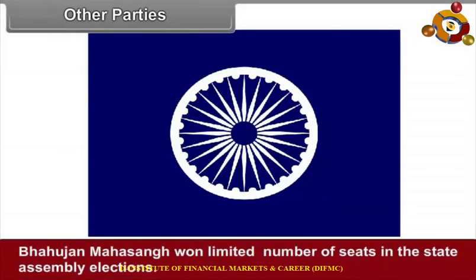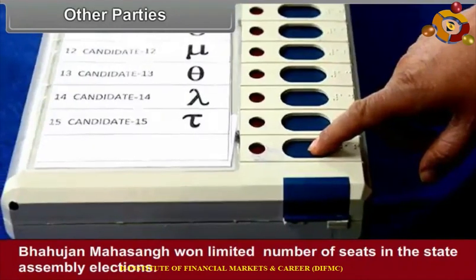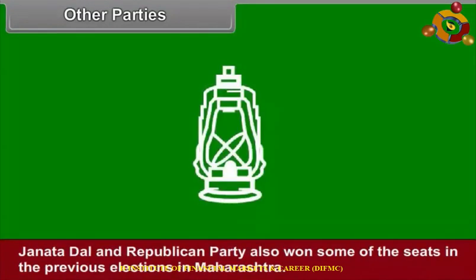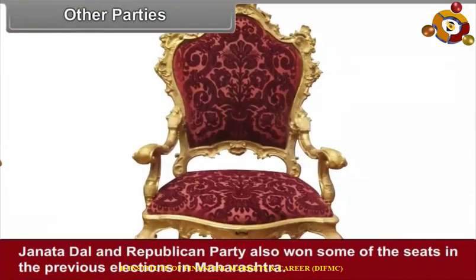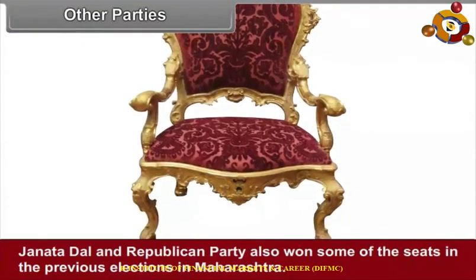Bahujan Mahasangha won a limited number of seats in the state assembly elections. Janata Dal and Republican Party also won some of the seats in the previous elections in Maharashtra.